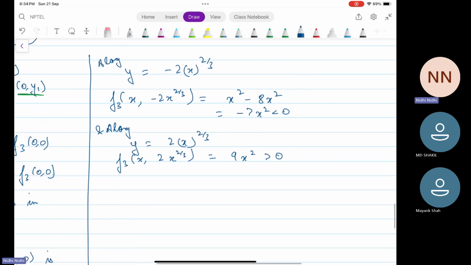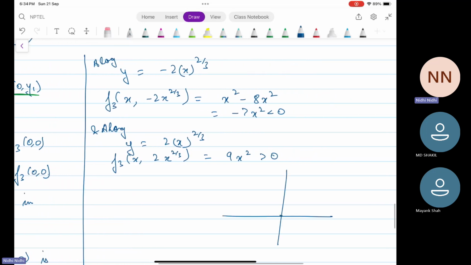So whenever we take some ball around origin, whatever small neighborhood you take, you can find points lying on these paths, and on the different paths you are able to get greater than and less than. Similar kind of approach.